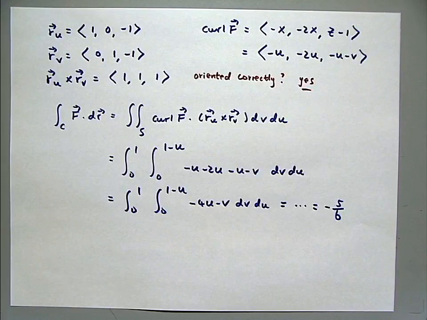So a better choice is to look at the simplest surface you can think of that has that red boundary curve. And it doesn't take a whole lot of time to think. We come up with a square sitting at z equal to 1, right? So the simplest surface is right here.